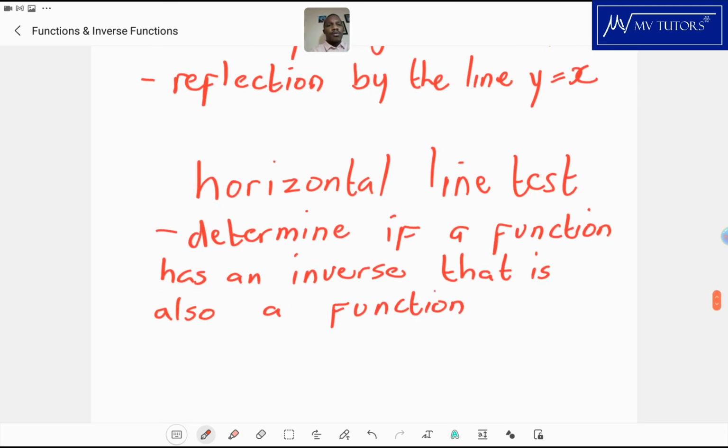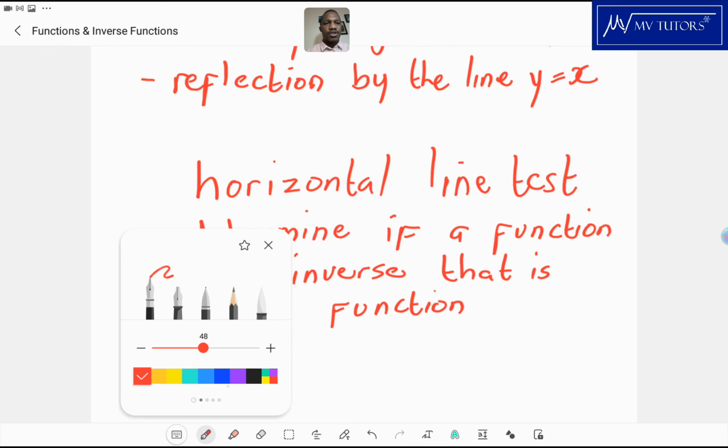So if we apply our horizontal line test, we draw a horizontal line and find out that it crosses once, then the function has an inverse that's a function. Let me just go ahead and show it to you.